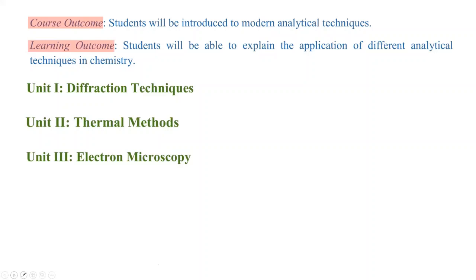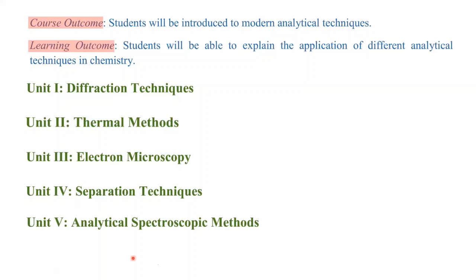If you know the size and the porosity, you'll be able to understand how the molecule will behave. Then you have the separation techniques, which you have been introduced to a bit, and here we'll be learning in a bit more detail. And the last one is the analytical spectroscopic methods.